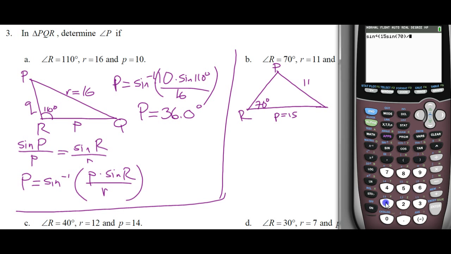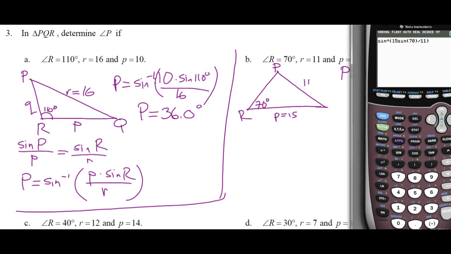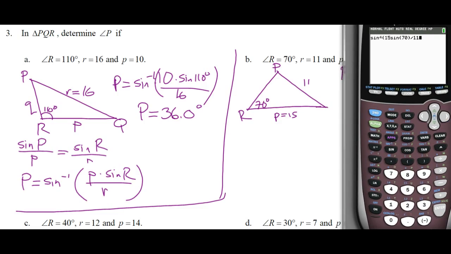Make sure you close that parenthesis, right? Divided by 11. What? Wait. Did I set it up right? Okay. 15 sine 70 divided by 11.